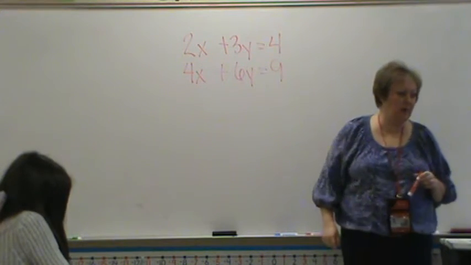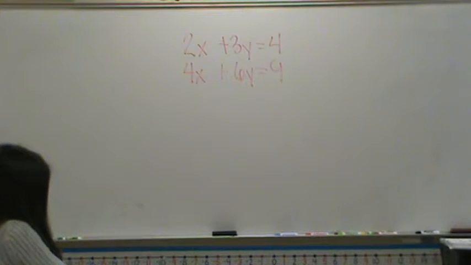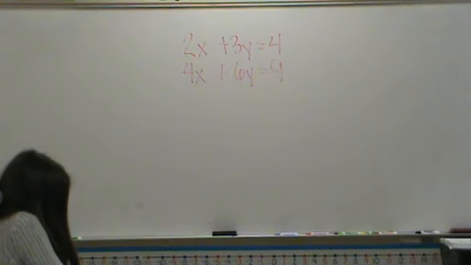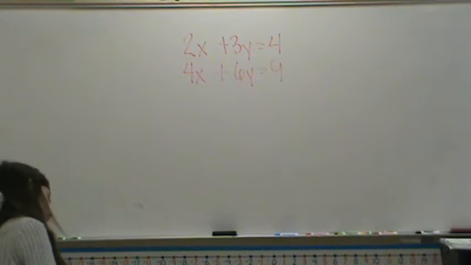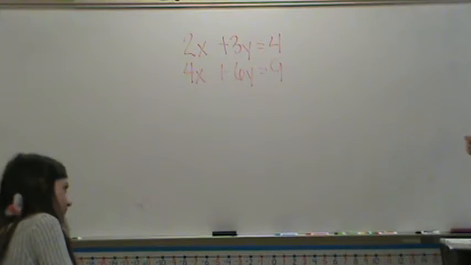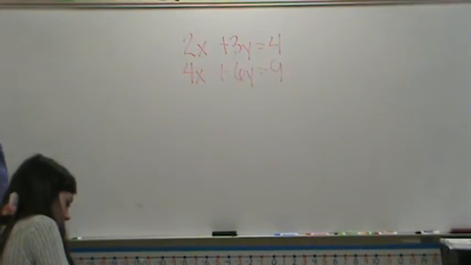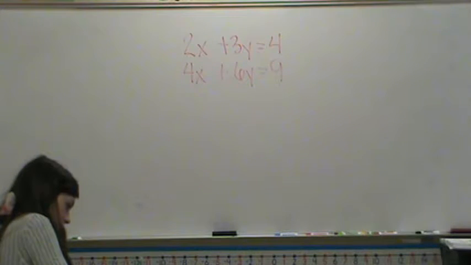So let's think about it a minute. Let's think about what we got. Do I have one of these equations solved for either x or y? No. So what are we going to do with it? We're going to solve one of them for either x or y. Which one do you want to go with?